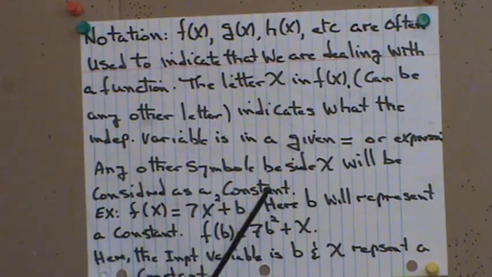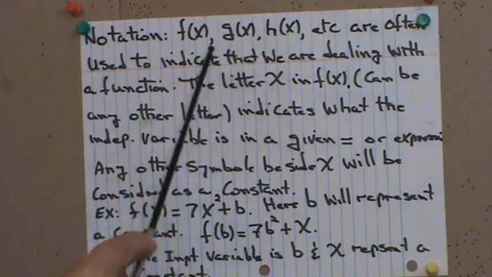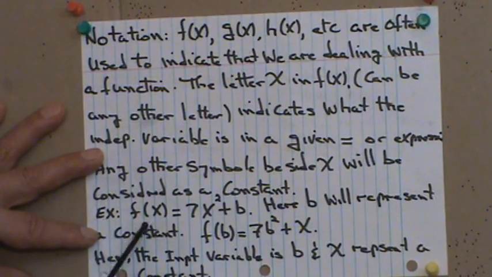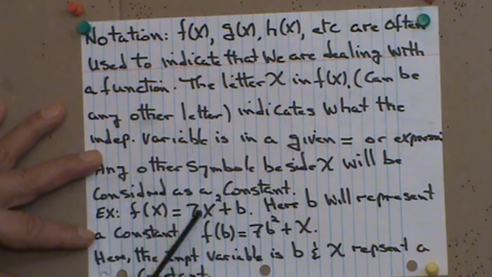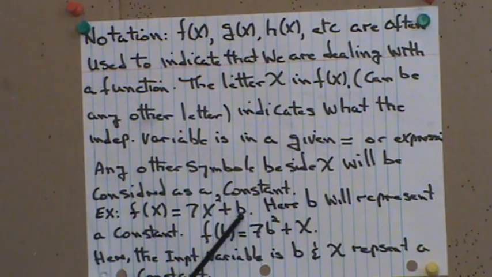And any other symbol or any other letters of the alphabet besides x in that expression will be considered as a constant. Now I'll make an example. F of x equals 7x squared plus b. Here x is variable, it can assume different values, but b is constant.